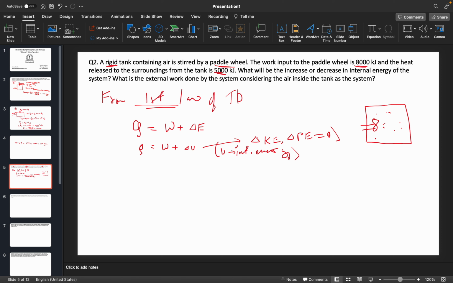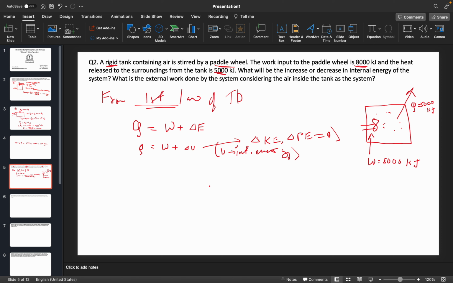This stirrer does work W equal to 8000 kilojoule, and there is a release of heat from the system to the surroundings, equal to 5000 kilojoule.